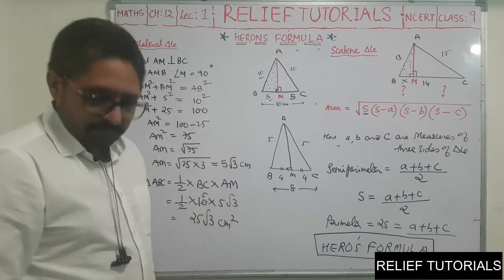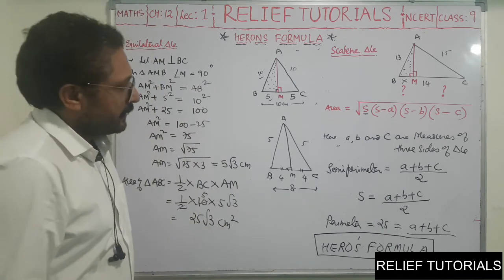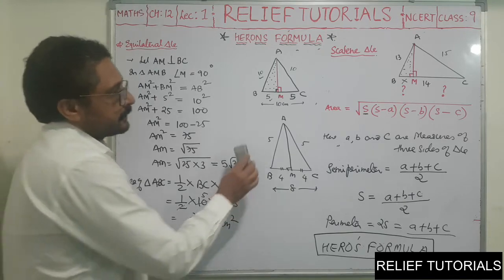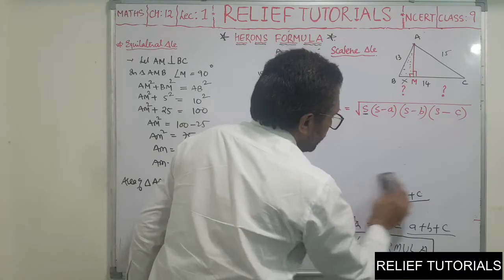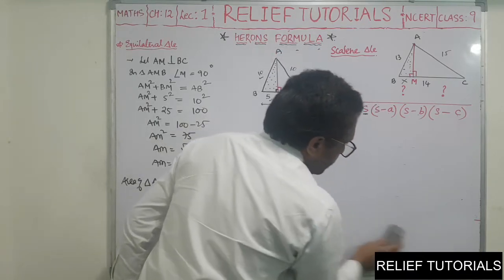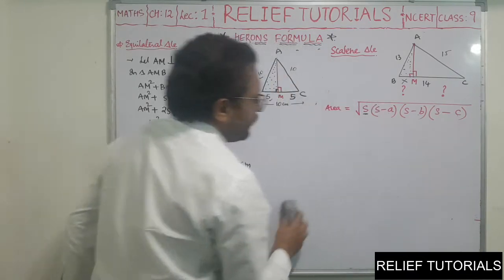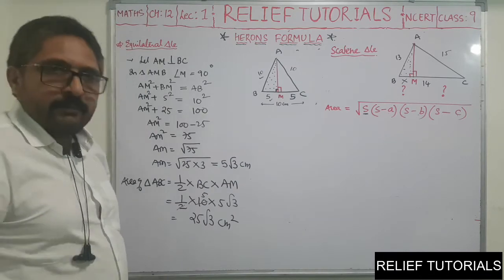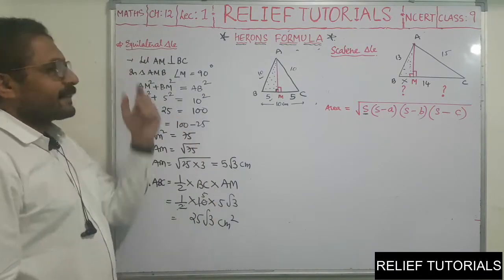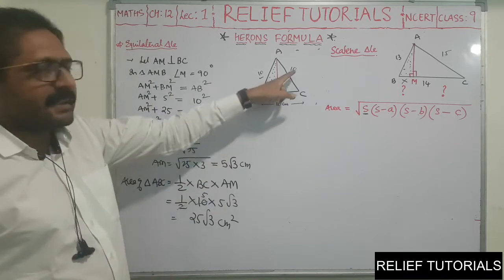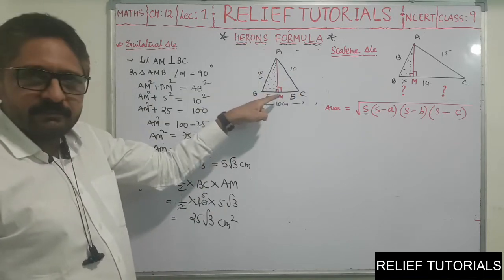Now we'll come back to this equilateral triangle. You know that if three sides are given, you can find the altitude.